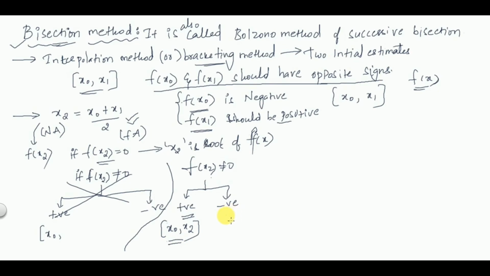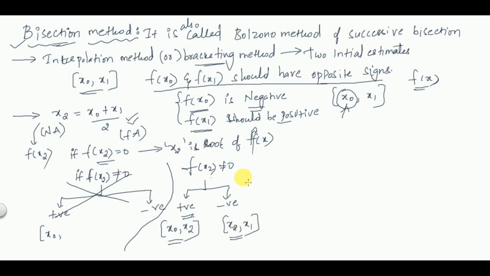If f of x2 is negative, it replaces the negative root for the next interval of the root. That means x0 is going to be replaced, because f of x0 is negative and now f of x2 is also negative. So the root lies between x2 and x1. This is how we can find the root.